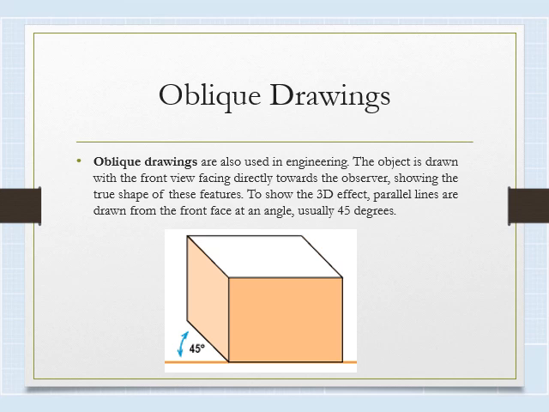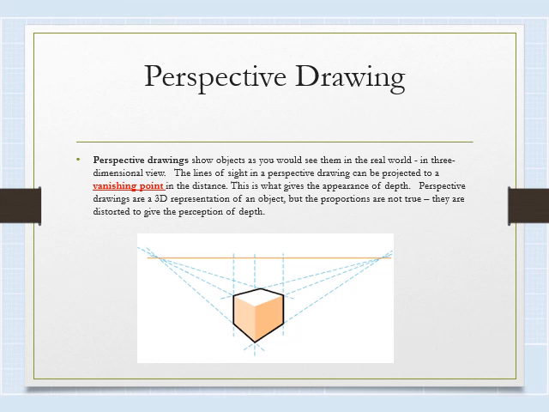In an oblique drawing, you have a true face towards you, so the front view, for instance, is straight on towards you, and your receding lines go back at an angle, a constant angle, usually 45 degrees. And in a perspective drawing, none of the sides are true size or shape, but the lines recede back to a vanishing point.